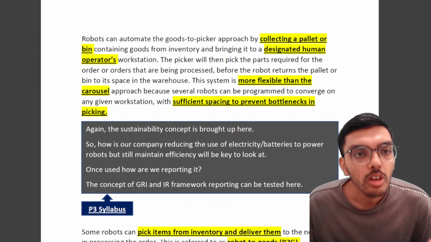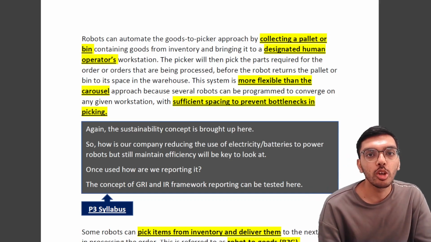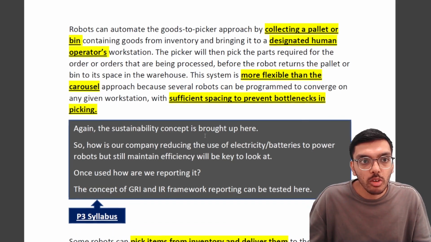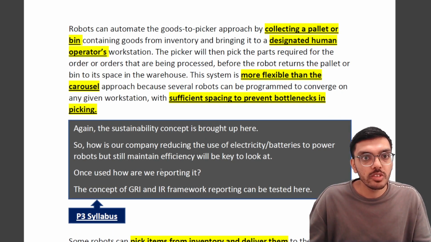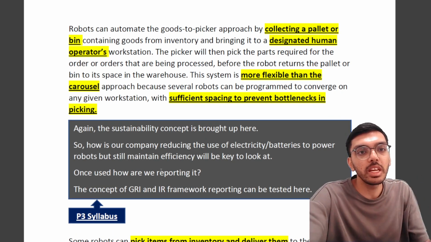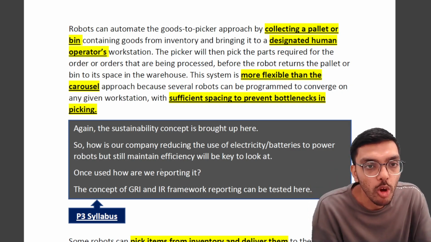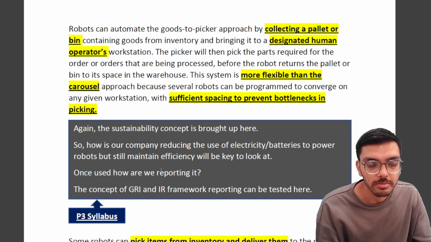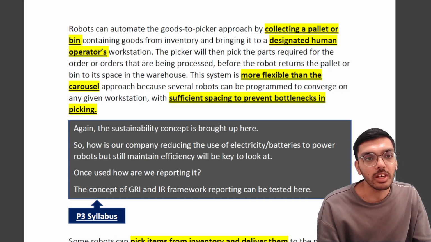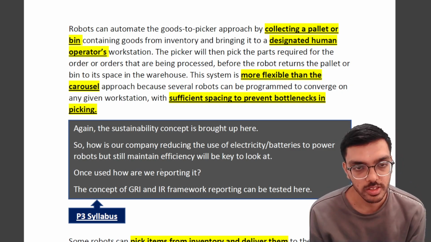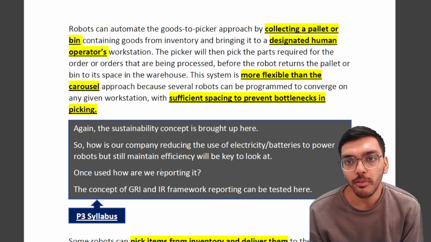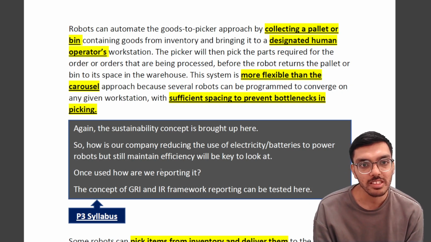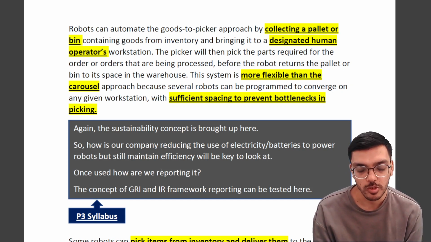Moving on then, robots can automate the goods to picker approach by collecting a pallet or bin containing goods from inventory and bringing it to the human operator's workstation. So robot can make it easier, we know that. The picker will then pick the parts required for the order or orders that are being processed before the robot returns the pallet or bin to its space in the warehouse.